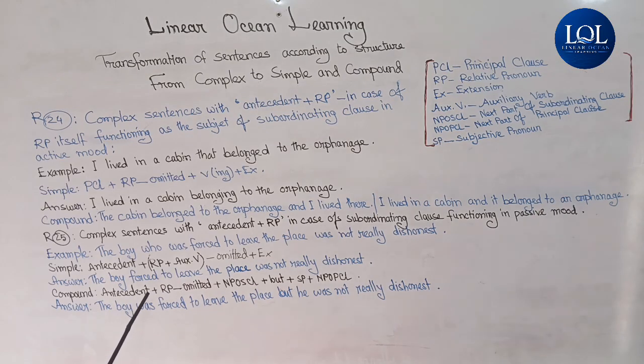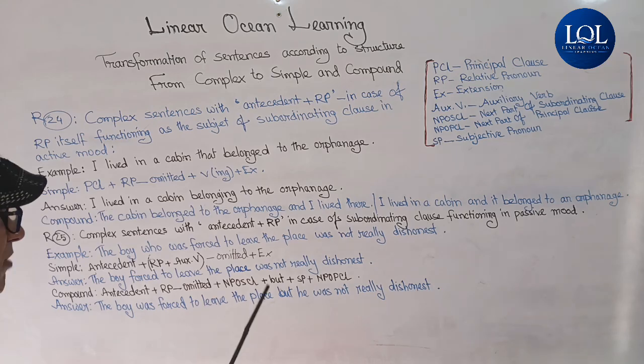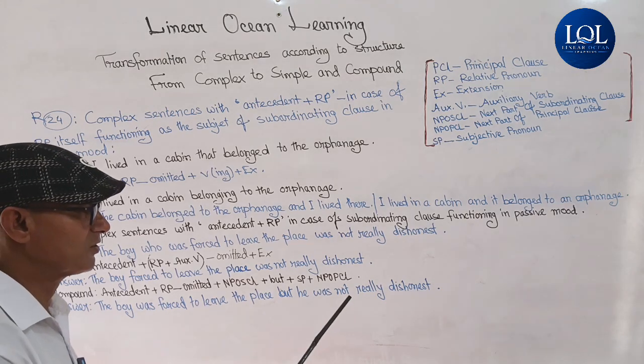Then if we follow the structure, the compound sentence we are getting is the boy, who omitted, then next part of subordinating clause, was forced to leave the place, but then here it will be subjective pronoun, then extension, was not really dishonest. The boy was forced to leave the place, but he was not really dishonest.